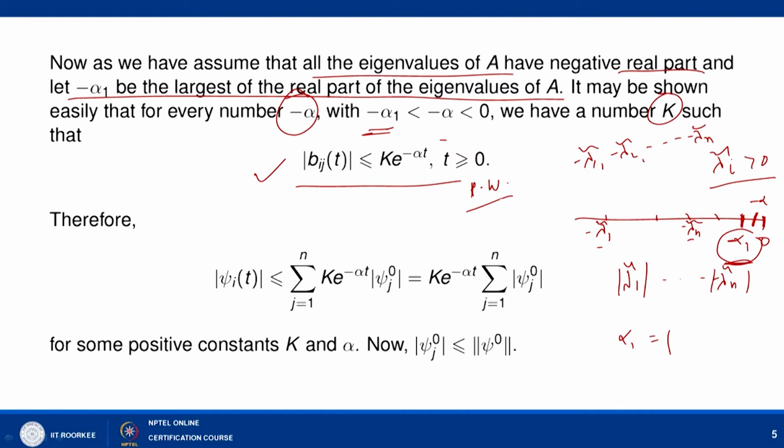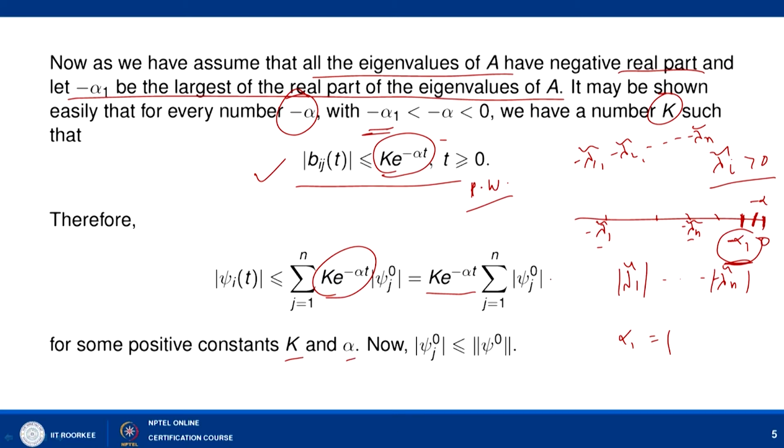Therefore, the norm of psi I t is less than or equal to the summation over j equal to 1 to n. Now, b I j t is bounded by k e to the power minus alpha t, so we write this as k e to the power minus alpha t times the norm of psi j 0, which is k e to the power minus alpha t summation j equal to 1 to n of psi j 0, for some positive constants k and alpha.